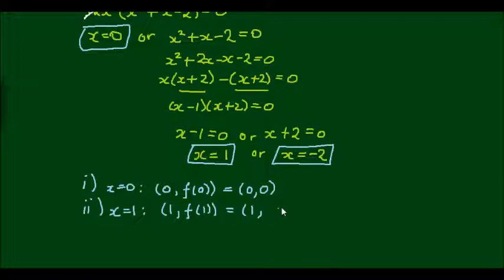I'm going to get 1, and then 3 times 1 to the 4th plus 4 times 1 to the power of 3 minus 12 times 1 squared. And that's going to evaluate to 3 plus 4 is 7, minus 12 is negative 5.